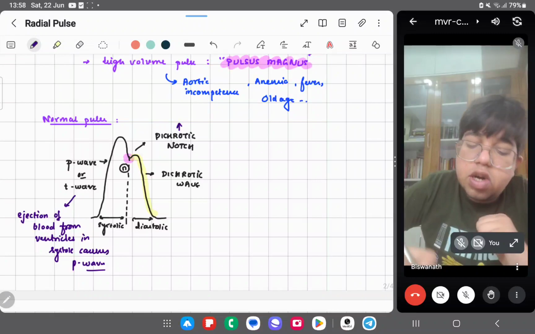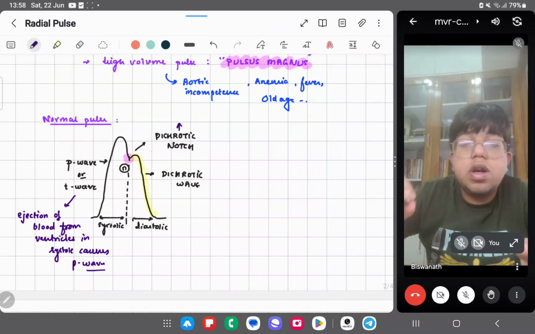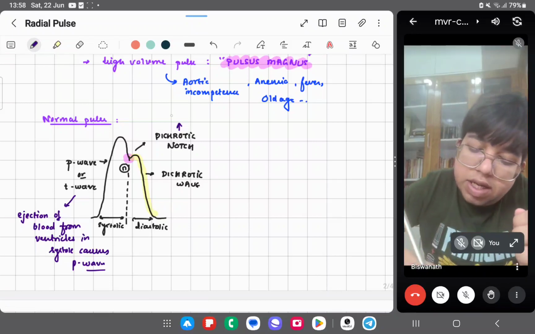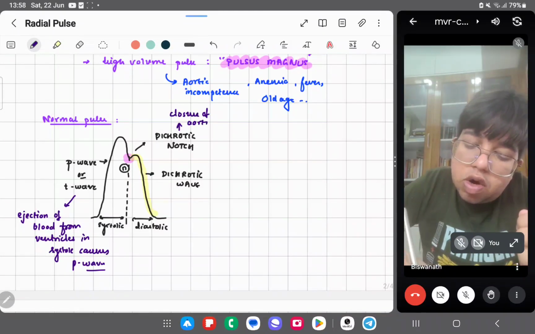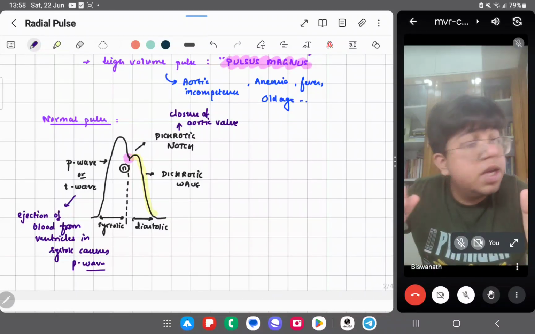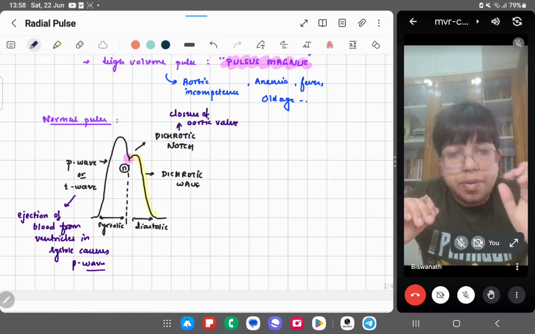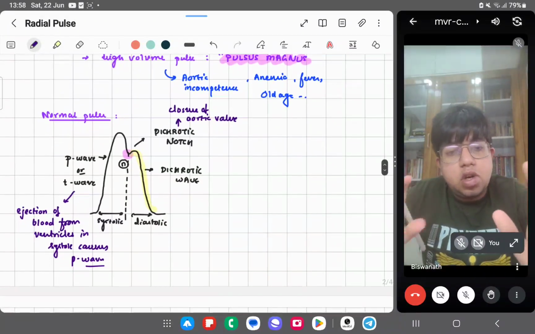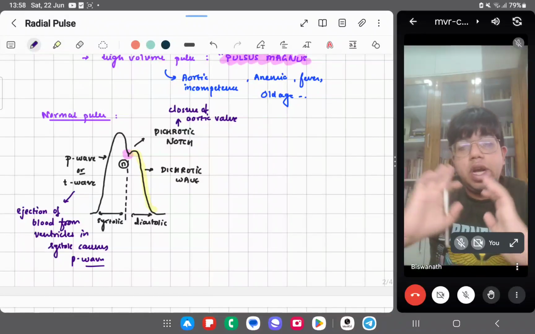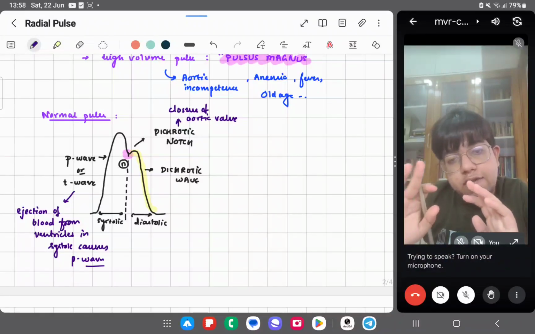So the dicrotic notch is due to the closure of the aortic valve first. And the dicrotic wave is rebounding of blood against the closed aortic valve in diastole.